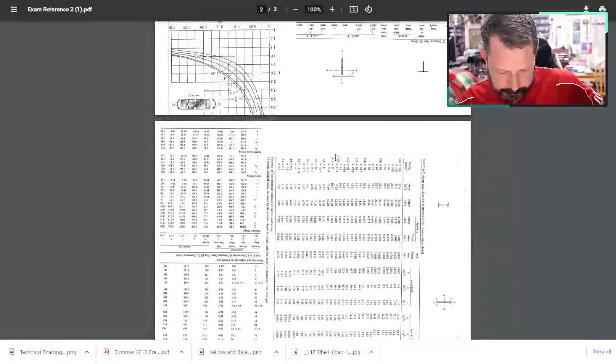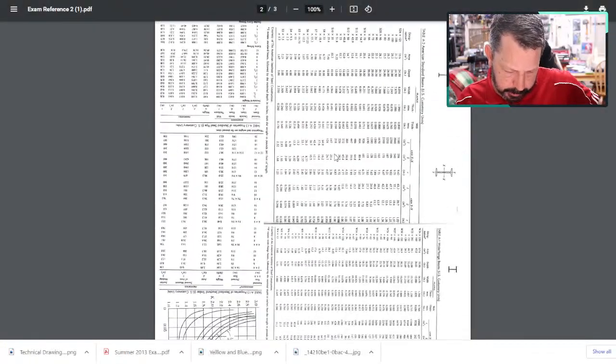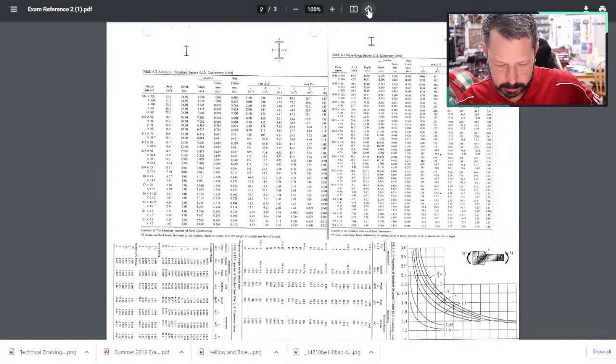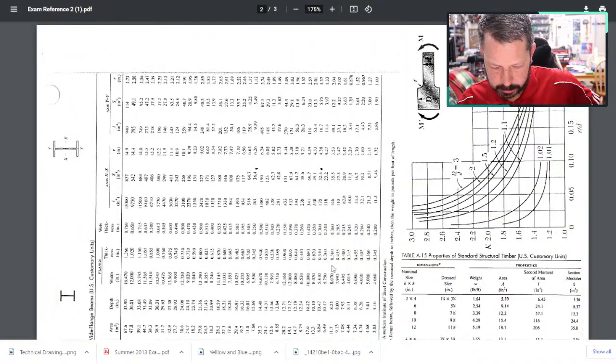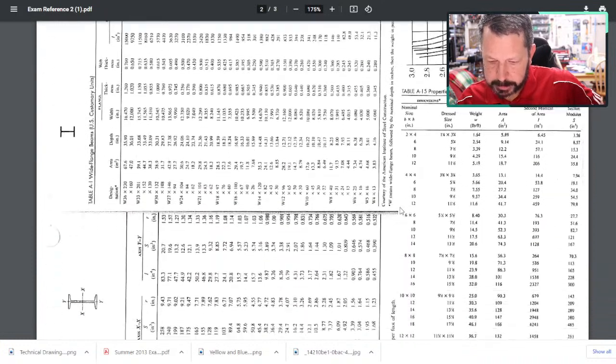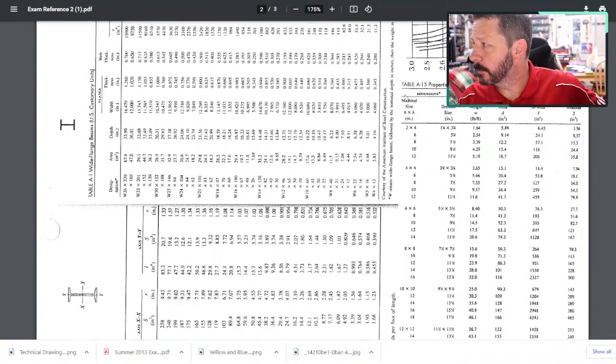Let's see if I can find, that's pipe. All right, so it's on this page. I just need to rotate the right way and then zoom in. All right, so see this table, it's under my picture.